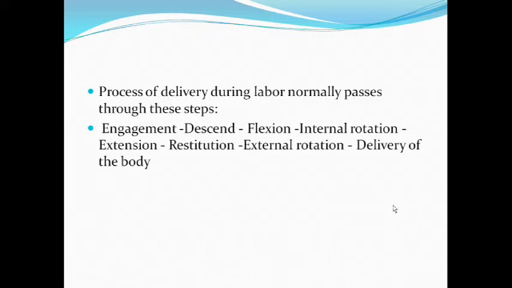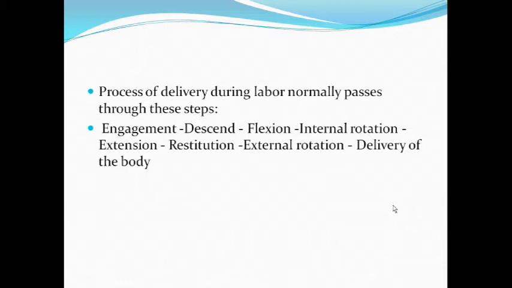With contraction, flexion occurs, and with more contraction, when the presenting part touches the pelvic floor, internal rotation occurs, and then delivery of the head occurs with extension, and after that there is restitution and external rotation and delivery of the rest of the body. The delivery of the rest of the body is the delivery of the shoulder, trunk, buttocks and the legs.